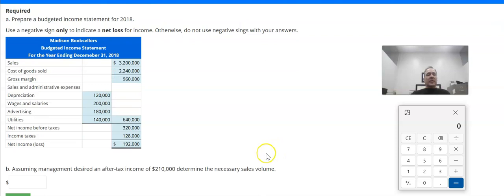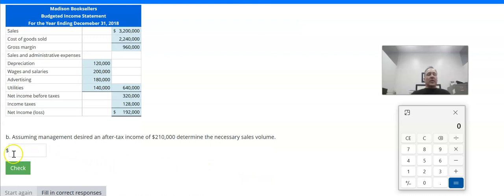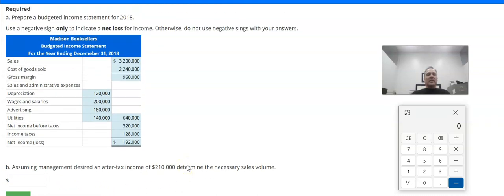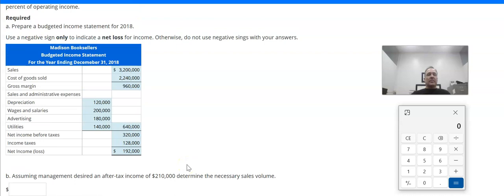Okay. So assuming that all of that's right, and I have absolutely no idea how it wouldn't be, that was pretty basic. It says, assuming management desired an after-tax profit of 210,000, determine the necessary sales volume. And notice that we have a dollar sign here. So when they say sales volume, they mean dollars. Okay, I think that's obvious. So they want an after-tax income of 210.